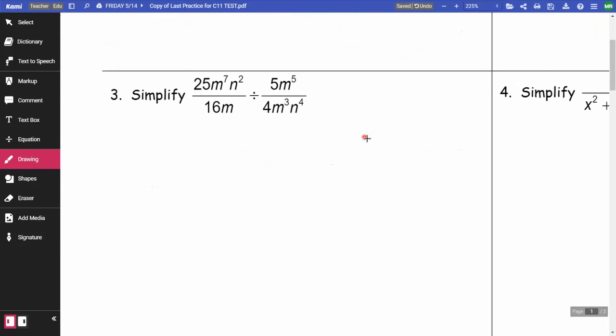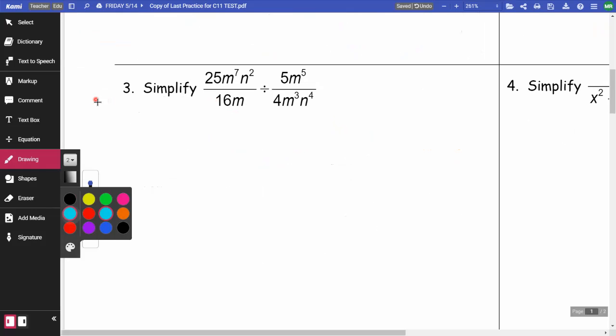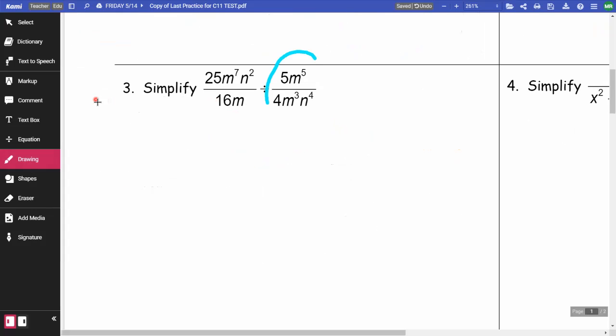On number 3, on a problem like this, these are monomials. It's kind of really like laws of exponents we're dealing with here. So when I have a division problem, this I'm going to flip. Now, we give restrictions. So my restriction for both denominators, m cannot be 0 in either one, and n cannot be 0.